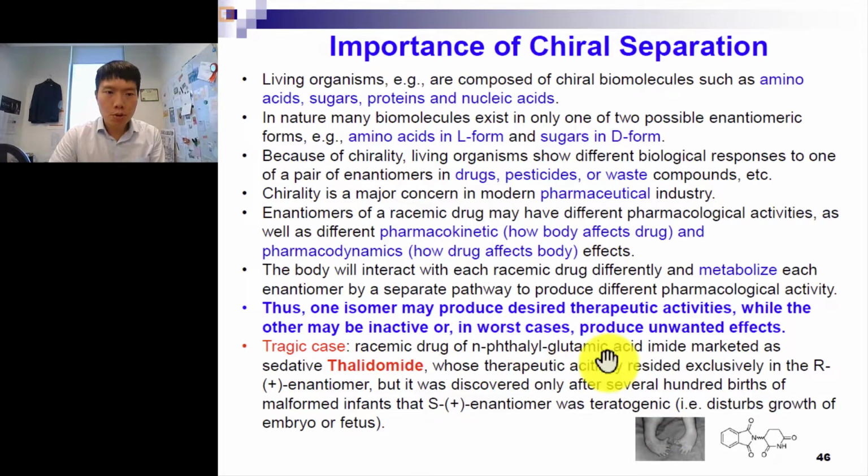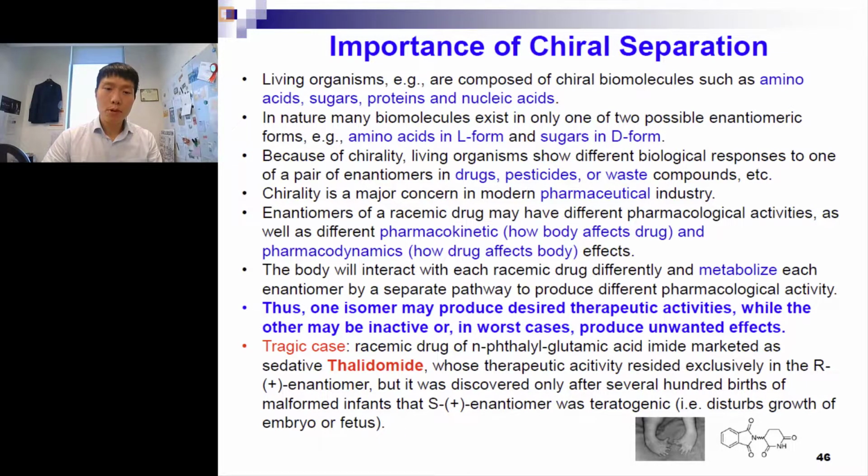Now, as you might know, it is important to do chiral separation because we have a very disastrous example from some years ago in Germany. There was the thalidomide incident, where the pharmaceutical company at the time didn't separate the enantiomers of thalidomide. Little did they realize that one of the enantiomers could cause deformed babies.